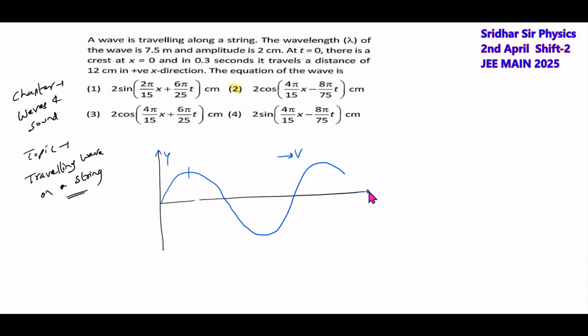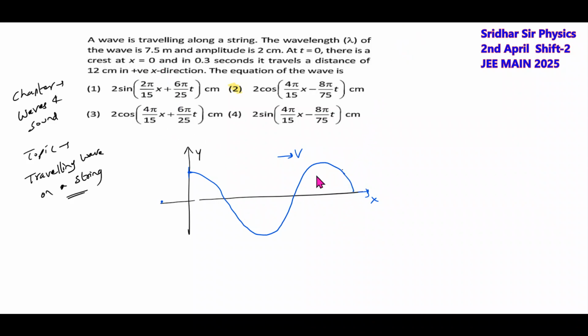This is y, this is x. There is a crest at x equal to 0. And what is the condition given?